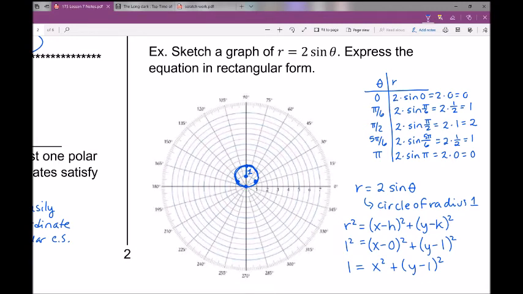Alright, so that is the rectangular equation for this circle. But if you notice, this rectangular equation is much more complicated than the other circle we did. And so this is one of those examples where this polar equation is much nicer, even though you may not be used to this yet. But down the road, it can be very useful.